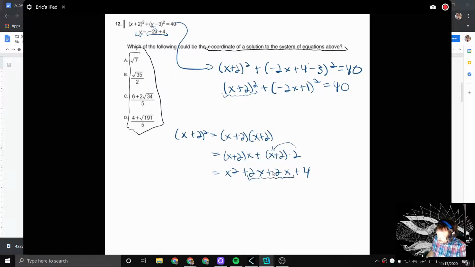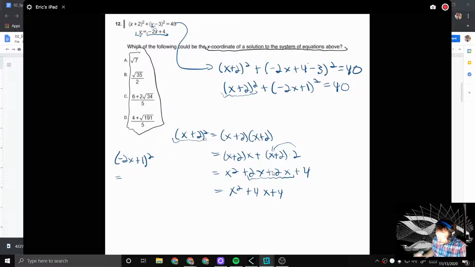These 2x's appear twice. That's characteristic of squaring an expression. So I get x squared plus 4x plus 4, and I can use the same reasoning on negative 2x plus 1 squared.